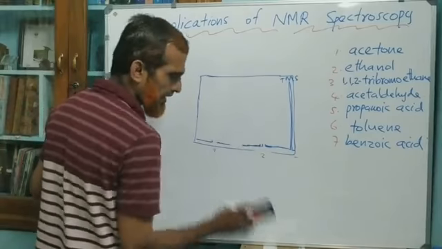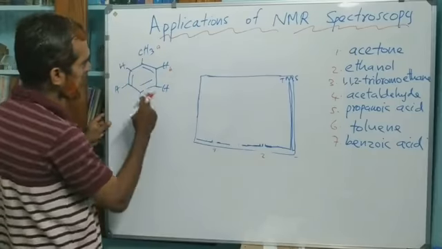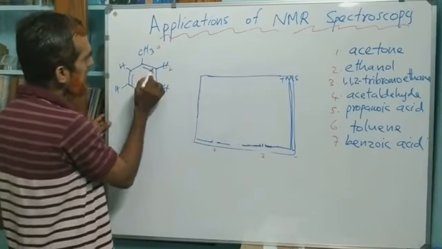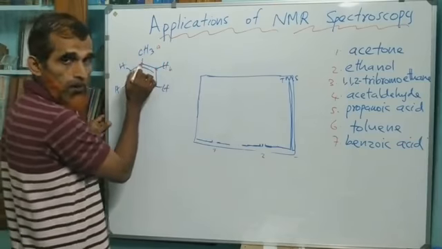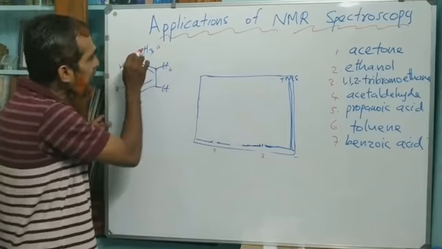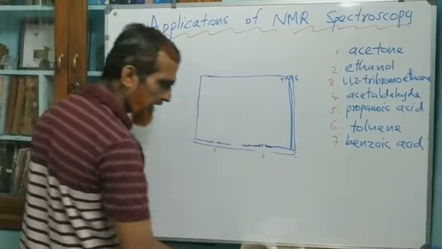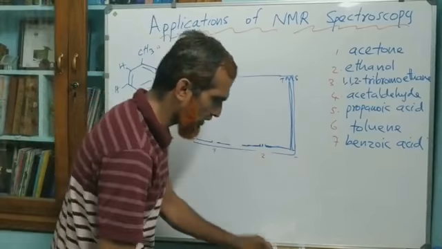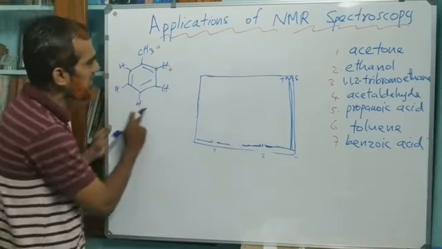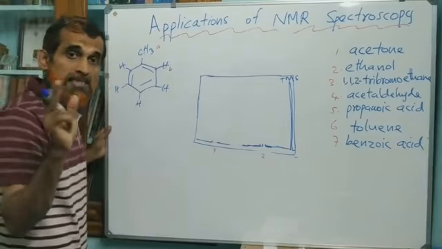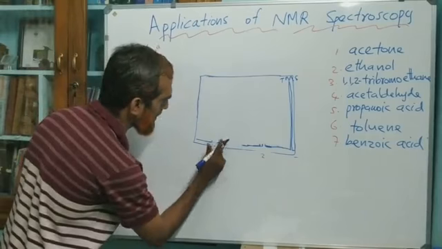And there will be no coupling here because it's not a neighboring carbon. See, this is one carbon and this carbon doesn't have a proton. It is on this carbon. So no coupling between these two. So you will get 2 singlets actually. This is the most deshielded aromatic proton, 6 to 9. It appears between 6 to 9.